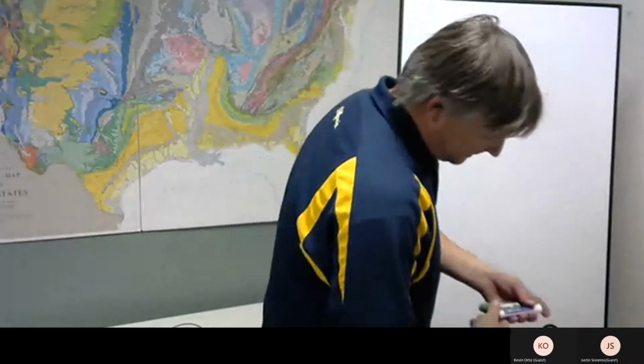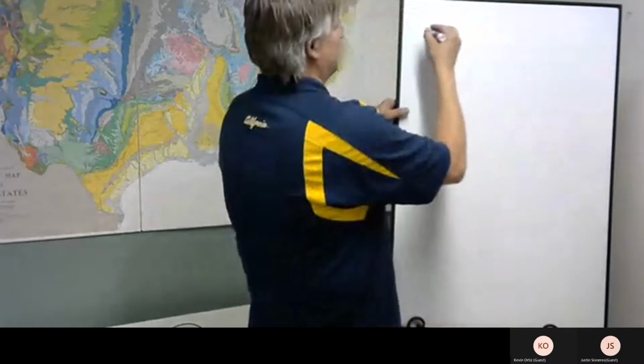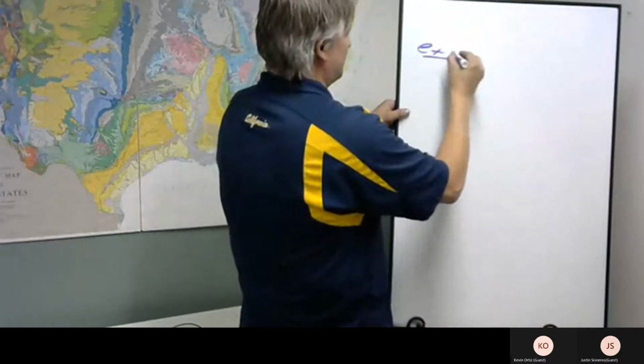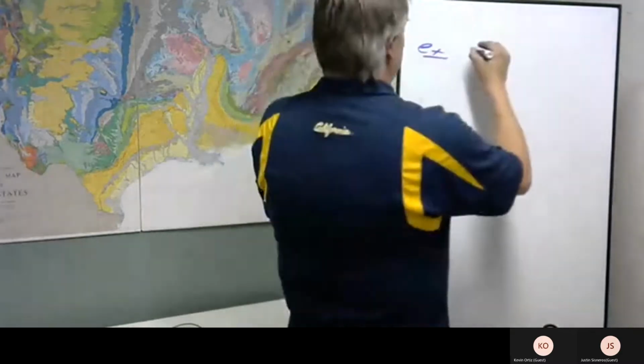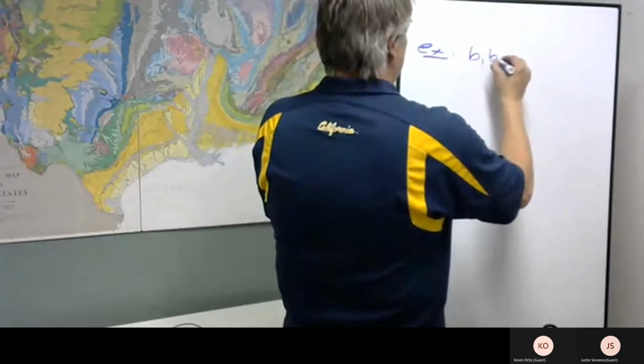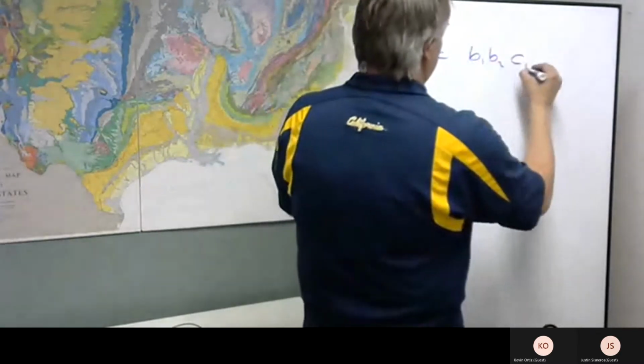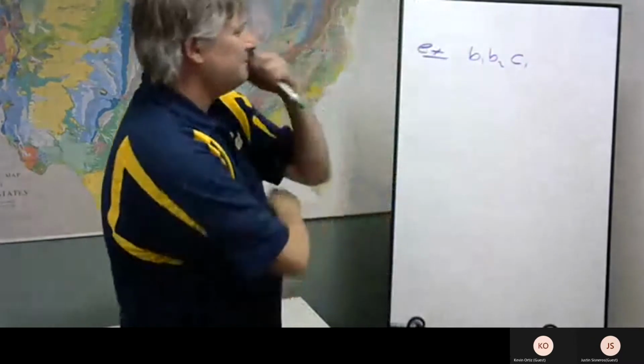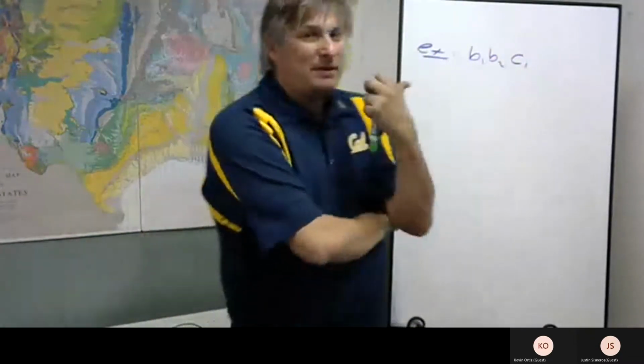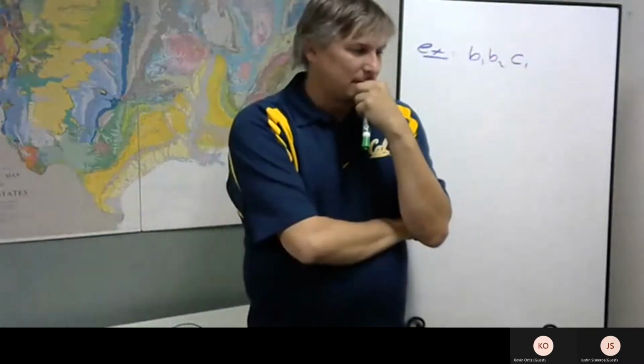Let's say we have something like this. We have objects B1, B2, and we have object C1. Now, how many different ways can we order these?